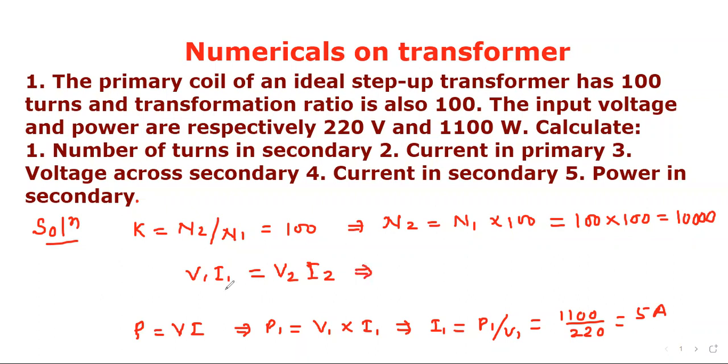We can write it: V1 I1 is given as 1100 and V2 we have found as 22,000. So from where we get I2 equal to 0.05 ampere.